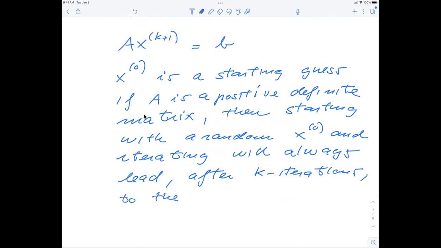And when I say exact value, that is within the numerical precision which we have chosen.